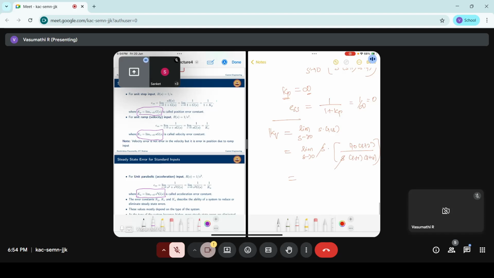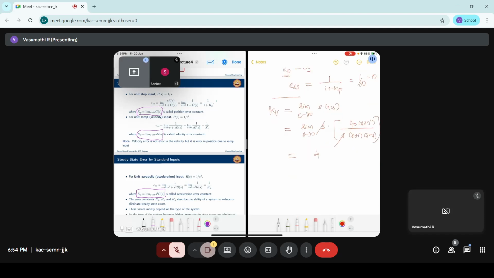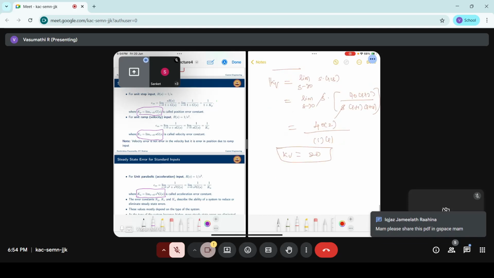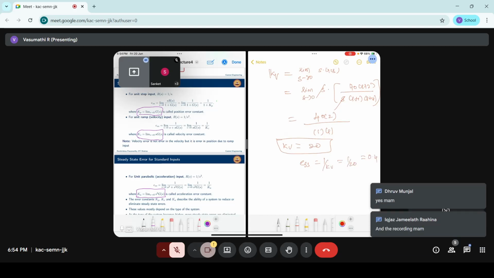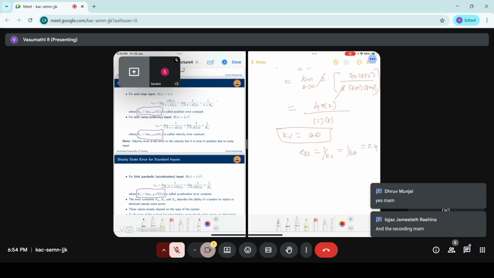This s and s will get cancelled. So the rest of the things would give you 40 into 2 divided by 1 into 4. This will be 20, where Kv is equal to 20, ESS is equal to 1 by Kv. This will be 1 by 20, sorry, 0.05.